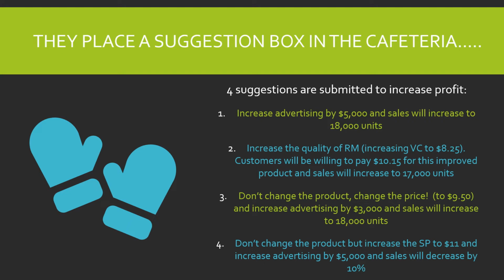Increase advertising by $5,000, saying that this is a high quality product and you deserve the best. And if you increase your advertising by $5,000 with this message, then you can sell your product for $11. However, your sales will decrease by 10%. So which one of these is the better suggestion?